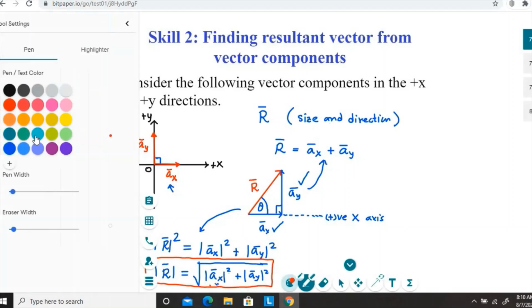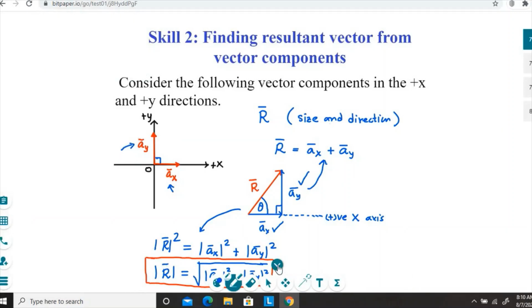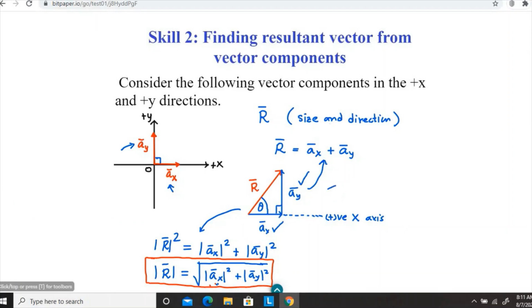Now comes, how do we figure out the direction or this angle theta? Again, we can use trigonometric functions for that. You can see the easiest way is look at the opposite side and the adjacent. If you recall the trigonometric functions, the way we define those things in video 1, tangent of theta can be defined as the magnitude of the opposite side over the magnitude of the adjacent side.